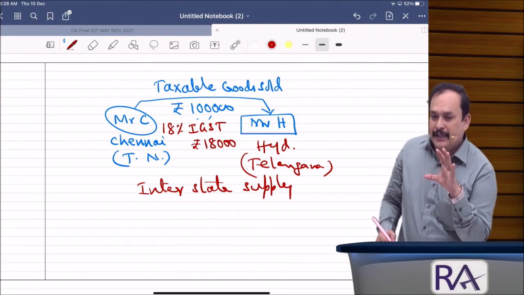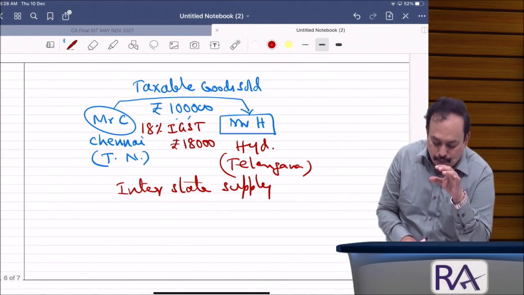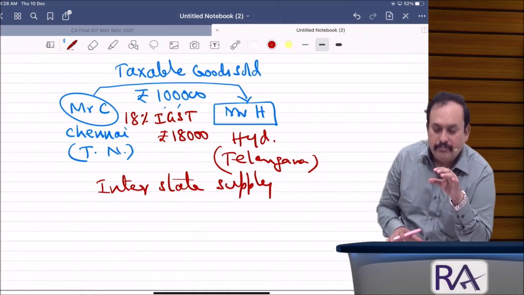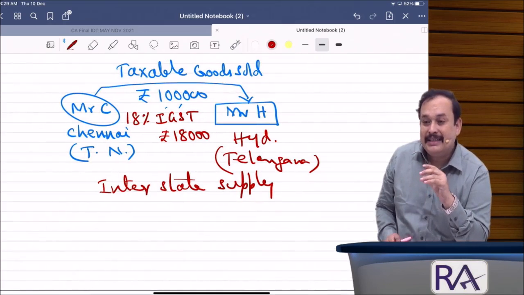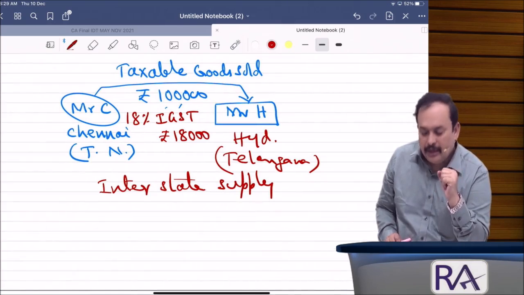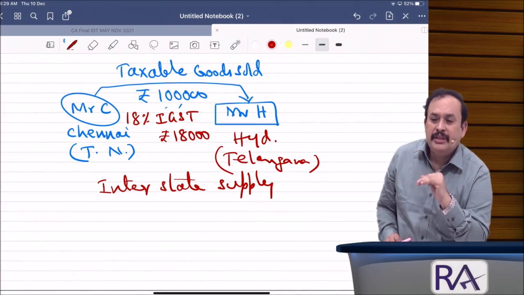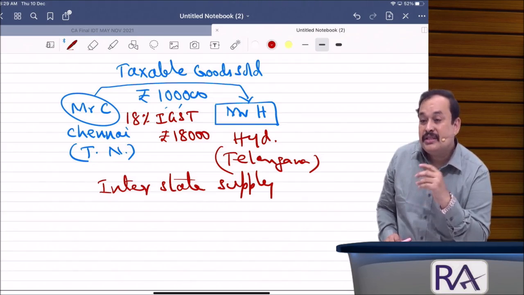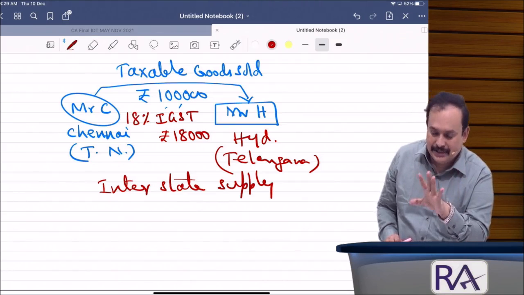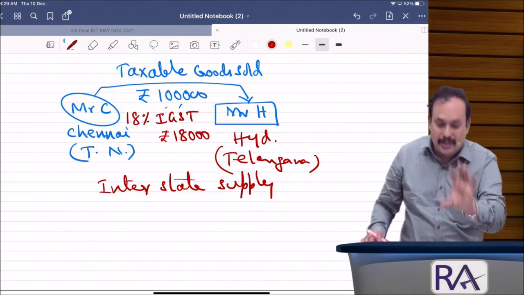Now be careful here, I am presenting 2 important issues. It is one transaction at interstate level. At the same time, if the transaction took place within the state, intrastate, it is CGST and SGST.